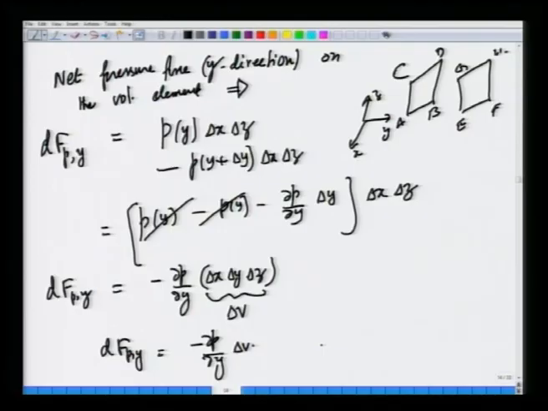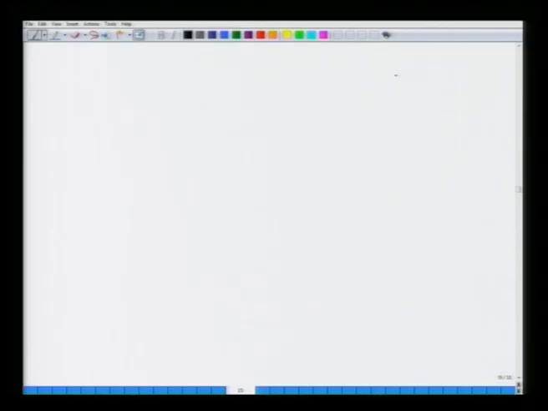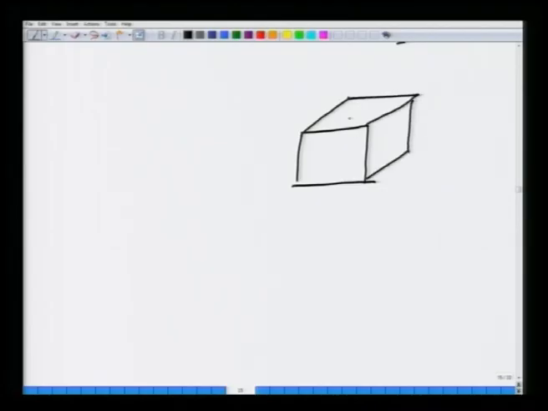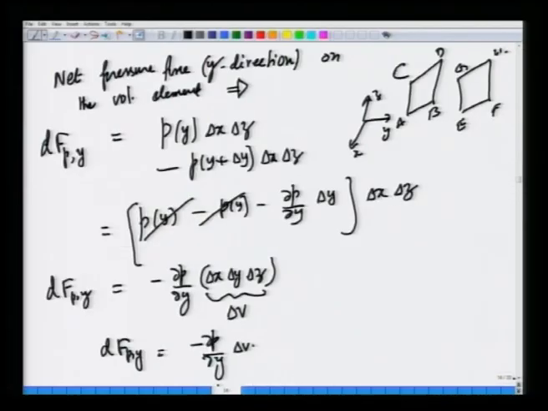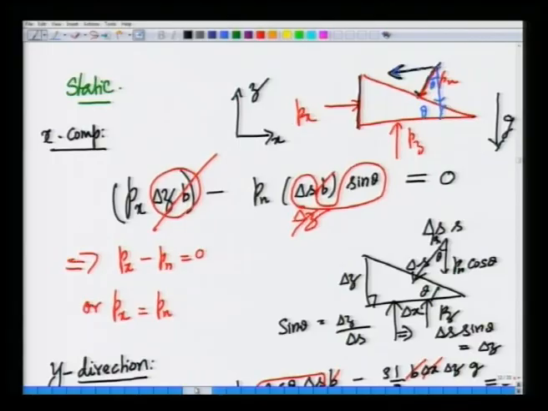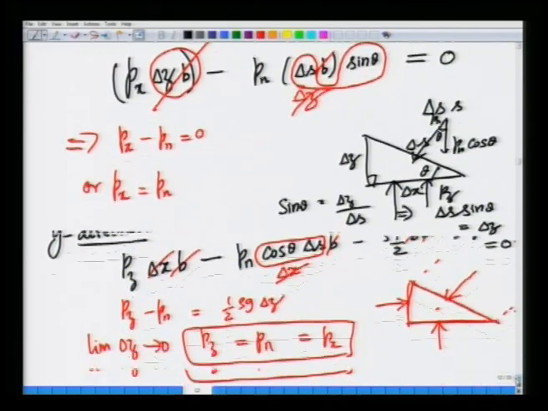So, just to recapitulate, if you take a cubic volume element with x, y and z like this, the net y component, let me just go back and correct any problems with notation.